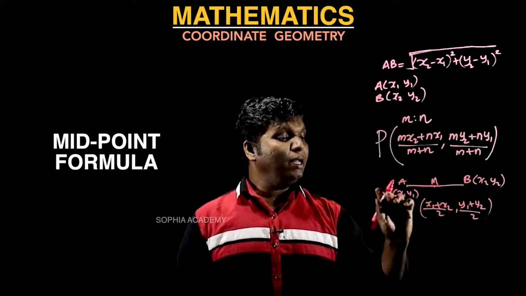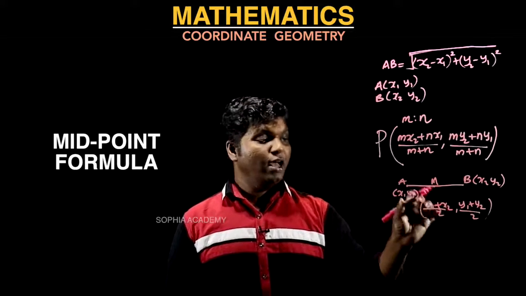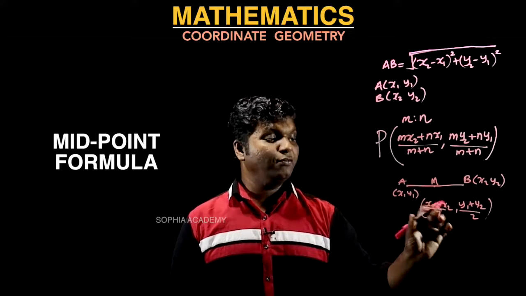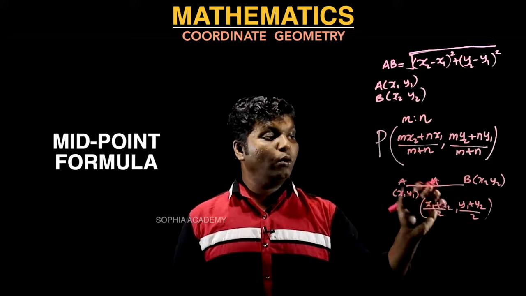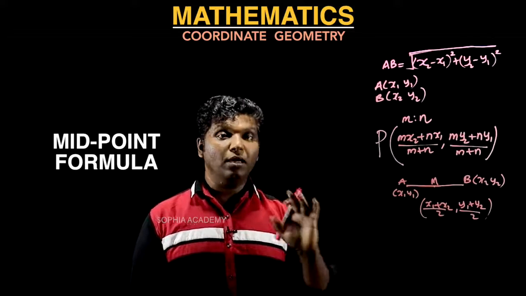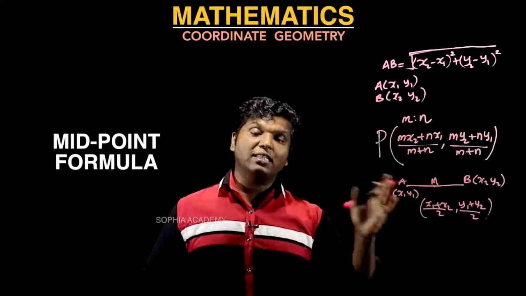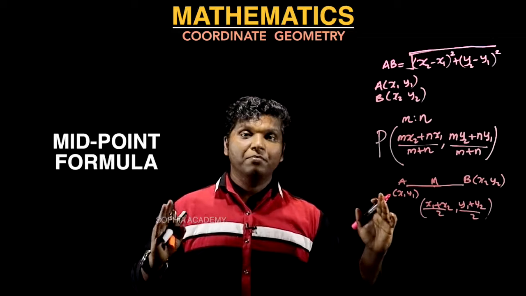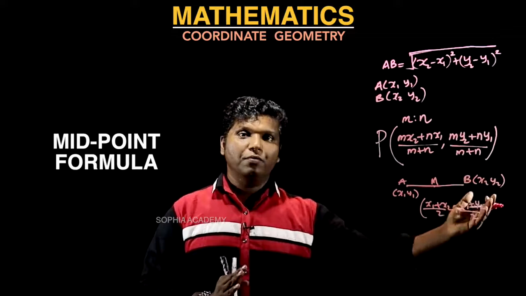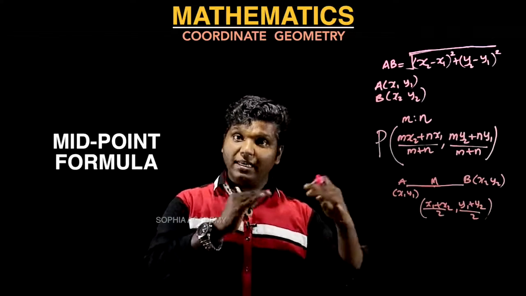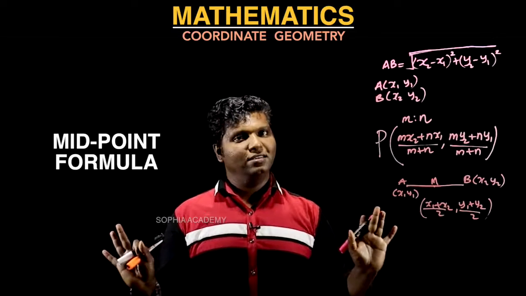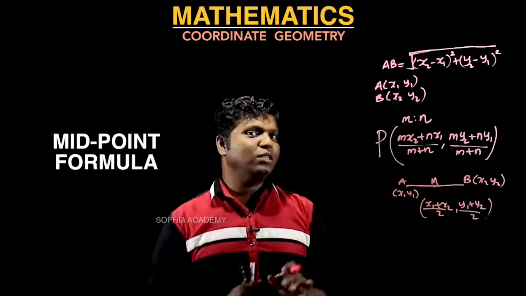That means adding both the x-coordinates and taking the half, and adding both the y-coordinates and taking the half, gives the midpoint of the line segment. So finding the midpoint is easy. This is the thing which you have to keep in your mind.